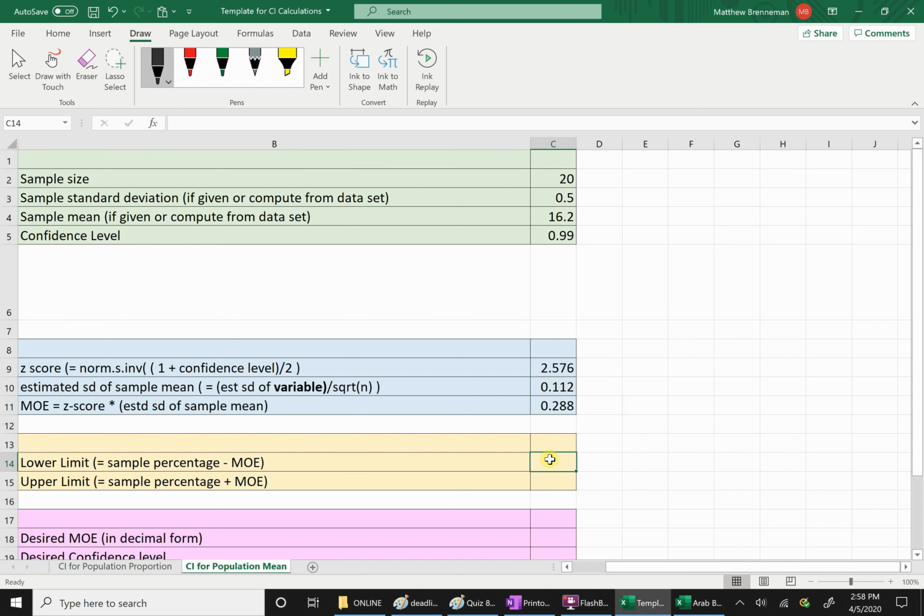And now again, the confidence interval is computed exactly the same way as for the confidence interval for the population mean. I'm going to take whatever my estimator is, here it's my sample mean, and to get the lower endpoint of the confidence interval, I'm going to subtract the margin of error from it. Whoops. Didn't want to do that.